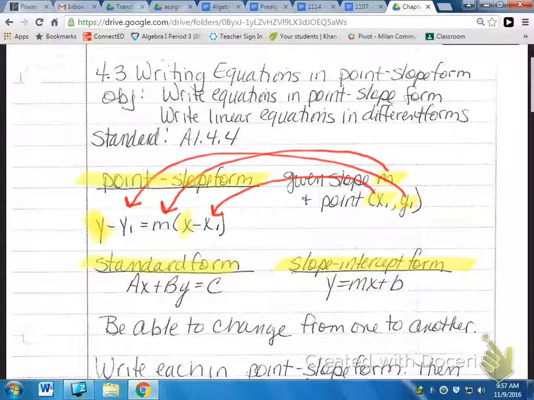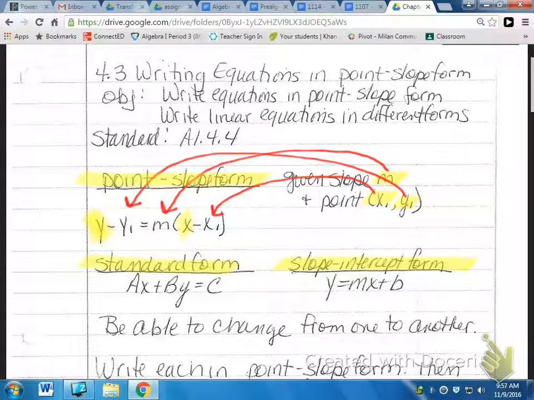Now, you really can't go from standard form and slope-intercept form back to point-slope form. But you can go from point-slope form to either of those other two, and then you can go between the other two back and forth. You can't go back to point-slope form if you don't know what the point was to begin with. So we need to be able to change from one to another.